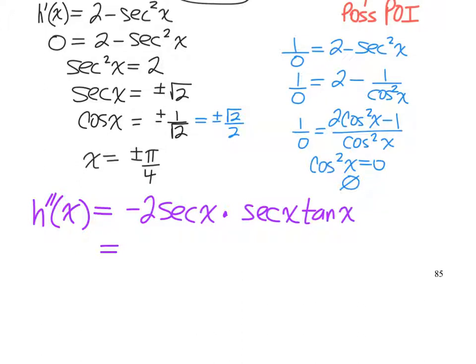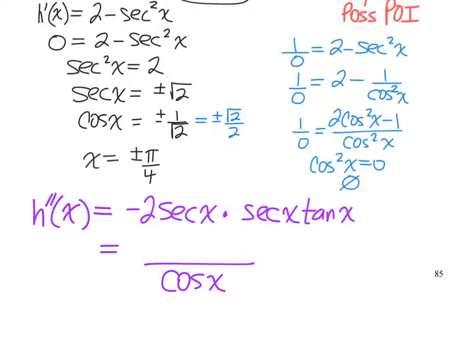At this point, I think the better way to go, because we could leave it in secants and tangents, but if we put it in reciprocal form, it's going to make it a little bit nicer, because we're going to have 3 cosines that are going to go onto the bottom, 1 for each of the secants and then 1 for the tangent.